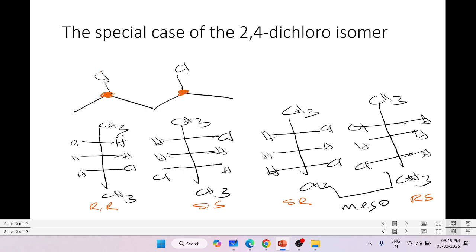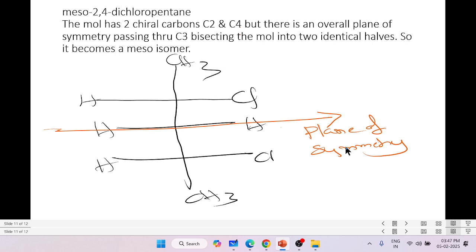So let us look at the special case of the 2,4-dichloro isomer. We can see that there are 4 isomers here as expected: RR, SS, SR and RS, but then the SR and RS merge into one molecule. Why is that? Because it is a meso compound. What do we mean by a meso compound? It has chiral carbons, but it is achiral because there is a plane of symmetry.